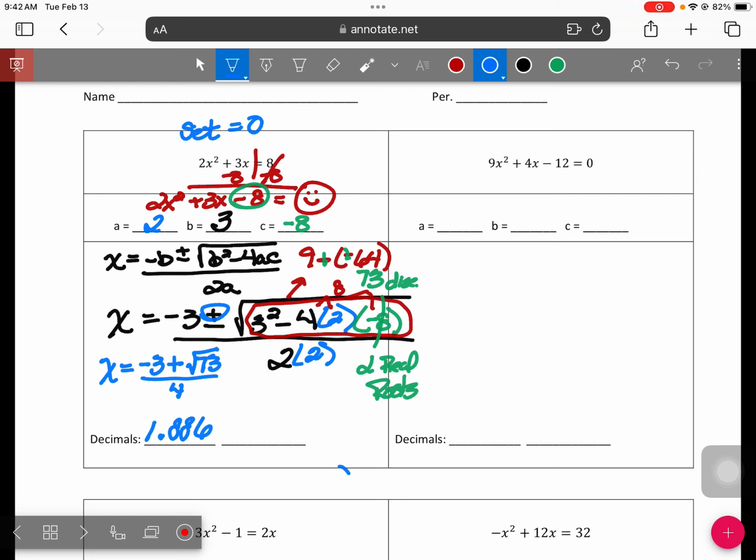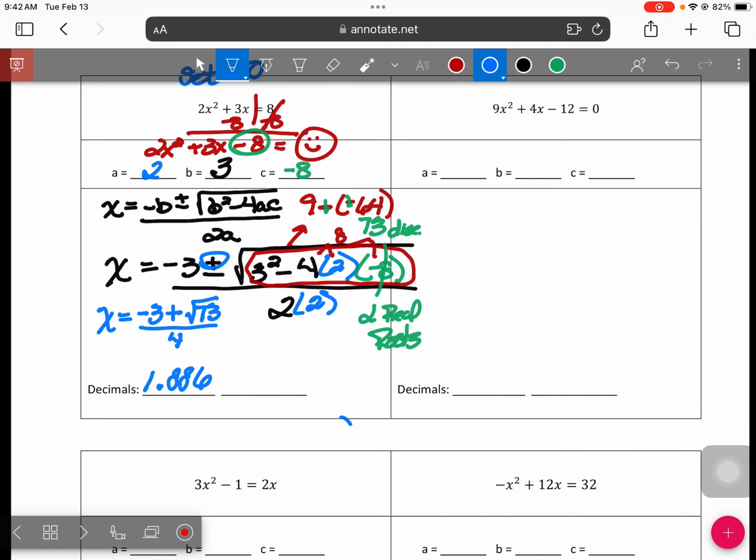1.886. Did anybody else get that? Did anybody else do it? Let me check. Since everybody's so into this. So opposite of 3 plus second x squared button 73. Enter. Divided by 4.